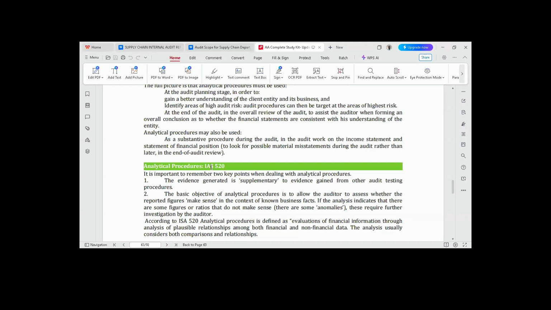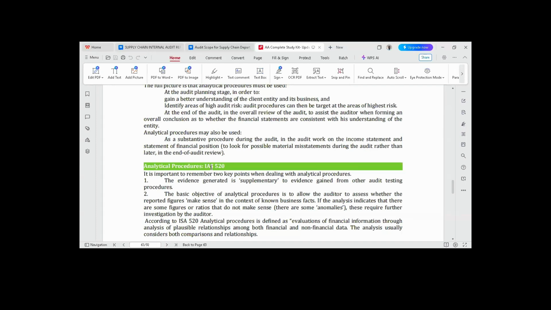For instance, you wanted to buy stationery, and you saw that this year you spent 50,000 naira, but you now check last year, you paid maybe 10,000 naira. So you want to know the reason for that sudden increase in price. So it is supplementary audit evidence.